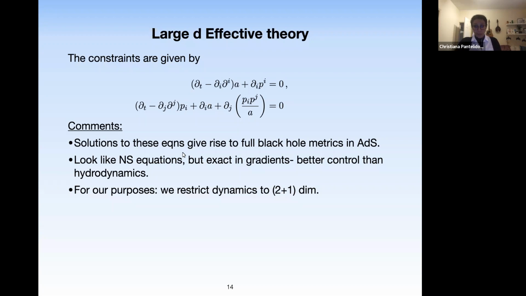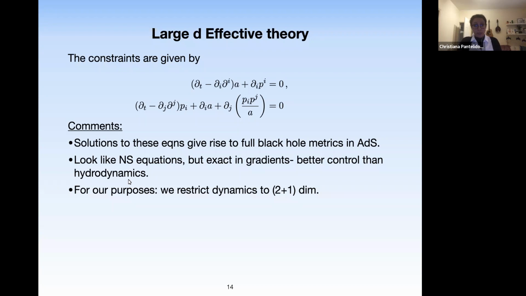And what I mean by this is the following. In hydrodynamics, you do a derivative expansion, and then you have an infinite set of orders to solve for. But at the practical level, we cannot solve all those orders. So what we do is we truncate at some order, we treat those equations as being exact, and then we solve them. And if we solve them, we see that they have issues.